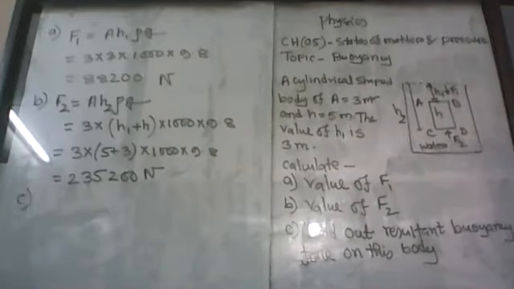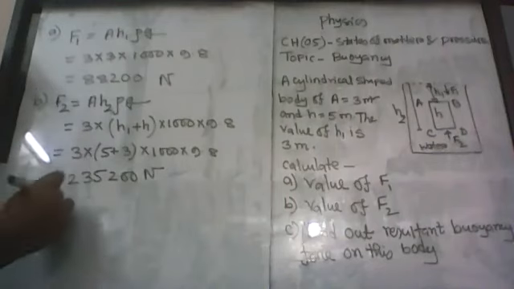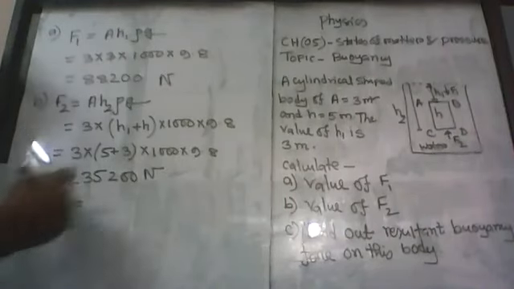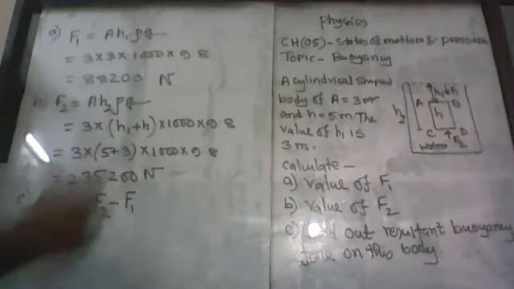Question number C. In this particular question number C, we have to find out the resultant buoyancy force. The resultant buoyancy force applied on this cylindrical body is F upward, and it is nothing but F2 minus F1.